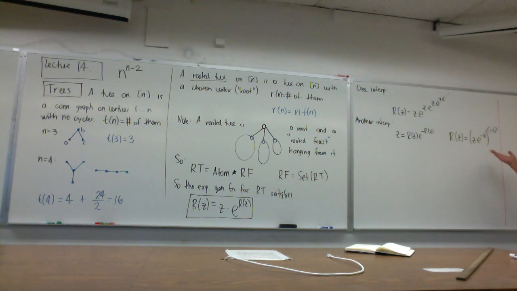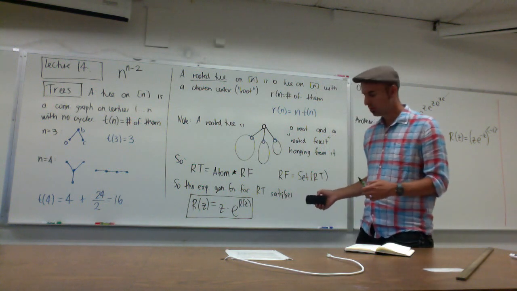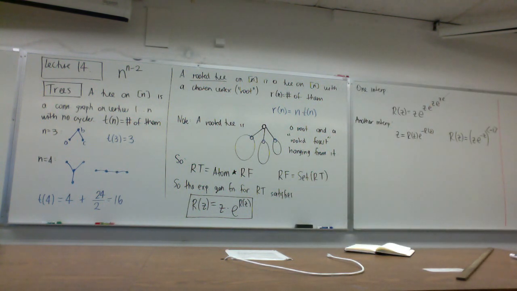Okay, but now, what does it mean? Well, I think you're right in getting a little bit worried because we haven't really talked about compositional inverses in the ring of formal power series. This could be a reason for concern, but maybe let me talk about that in just a second.